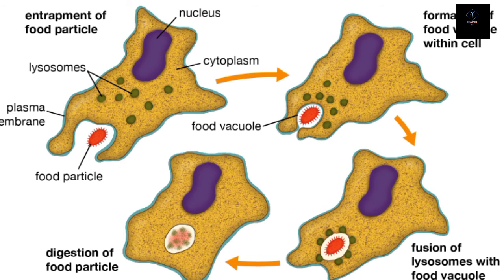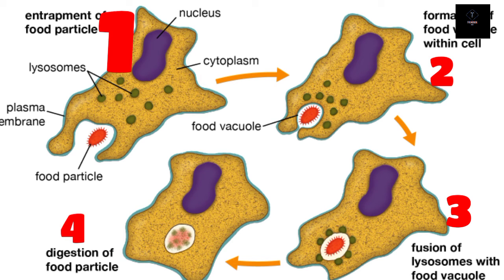So now we will see what the mechanism of nutrition in amoeba is. We have to discuss how it gets nutrients from the particles. Here you can see in the first step, attachment of the food particle to the amoeba. Here the food particle is just attaching, and in the second step there is formation of a food vacuole within the cell. You can see the food particle within the amoeba is now known as a food vacuole, and in the third step this vacuole fuses with the lysosome.